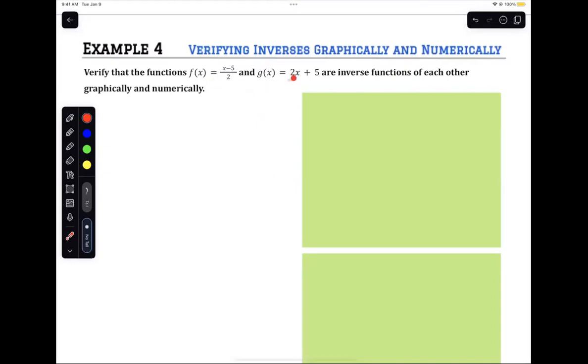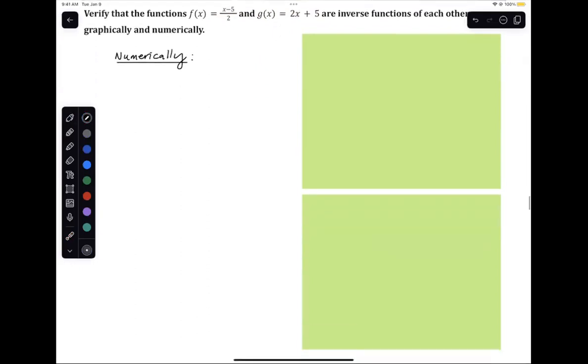It doesn't matter which one I pick, but because this is a fraction, I feel like this one might be easier to make a table for. So I'm going to pick 3 x values, plug them into g to get y's first. To show that these are inverses numerically, I'm going to start with g of x, which is 2x plus 5.